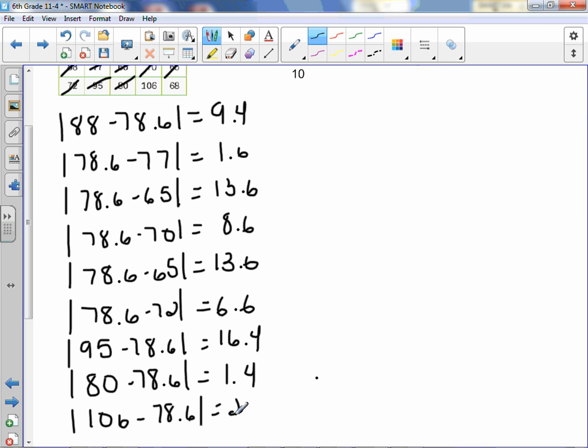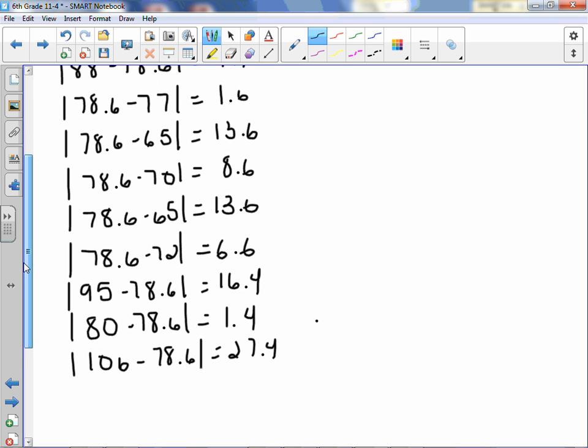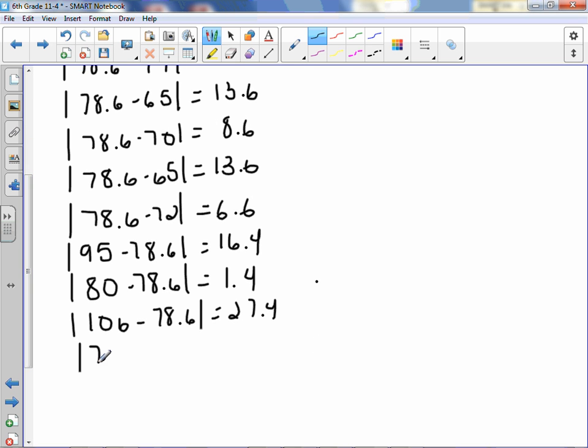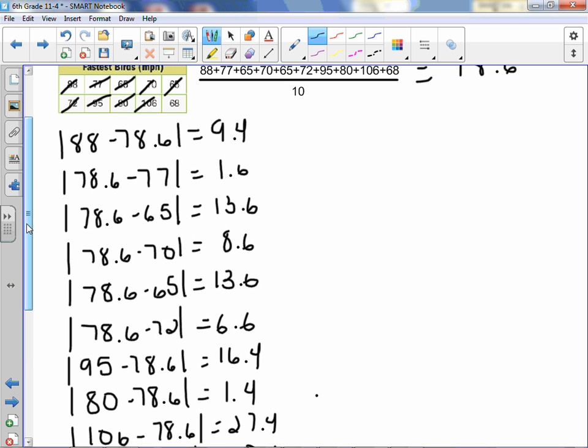Subtract those and we get 27.4. Last one is 68, which is smaller. So absolute value of 78.6 minus 68. Take the absolute value and we get 10.6.